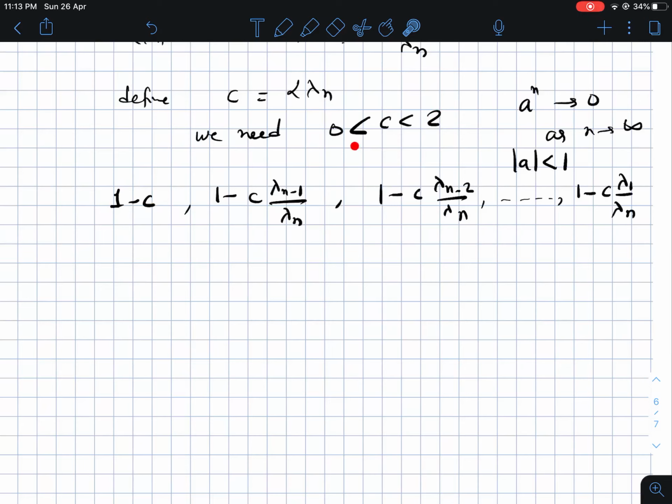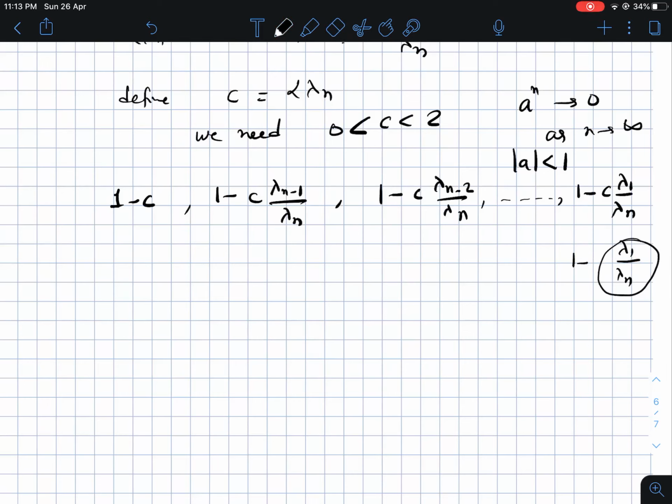But if I keep C to be very small, let's say I keep C to be 1, not small, but midway, then this term here will actually be 0, right? But this term here will be something like 1 minus C times lambda 1 by lambda n. Okay, C is 1, so it's just going to be 1 minus lambda 1 by lambda n.